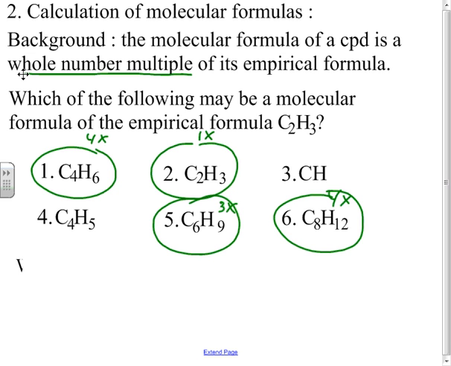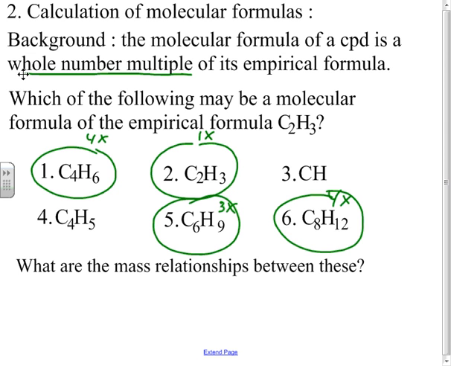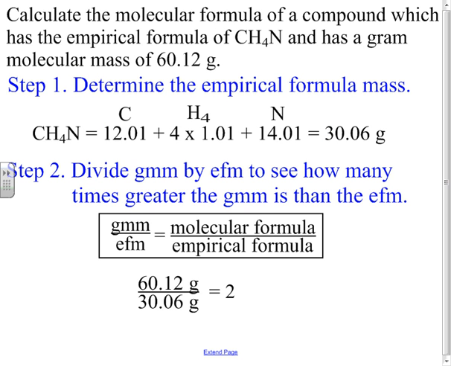And again, if I asked you what is the mass relationship, the mass relationship is the same as the numerical relationship between the formulas. If C4H6 is 4 times greater than this, the mass of C4H6 must be 4 times greater than that.